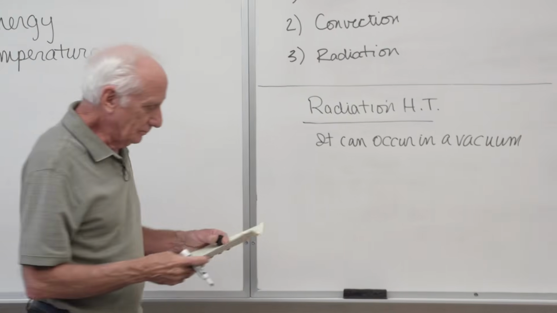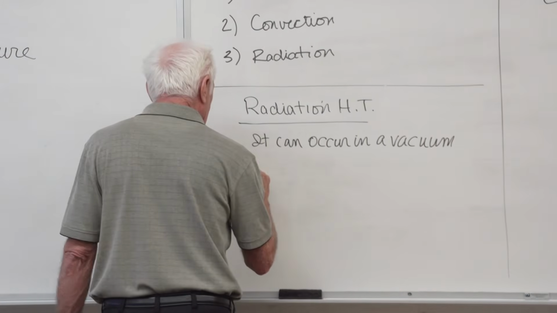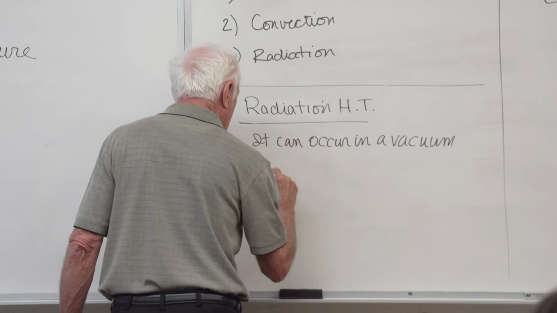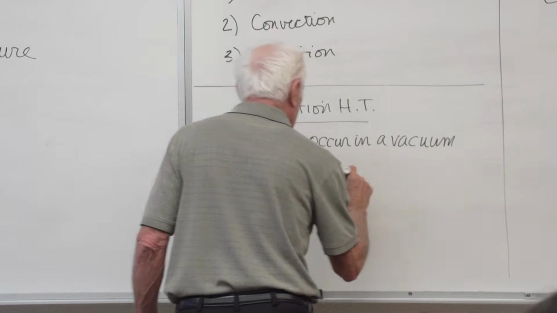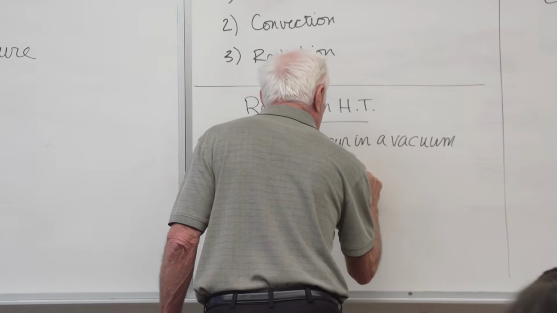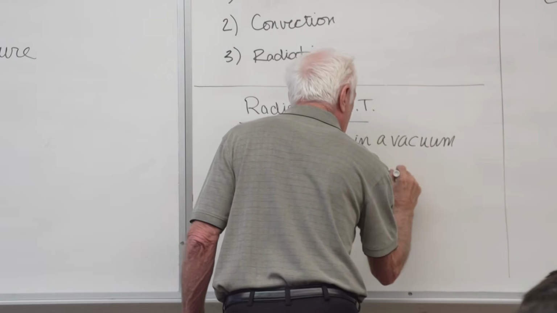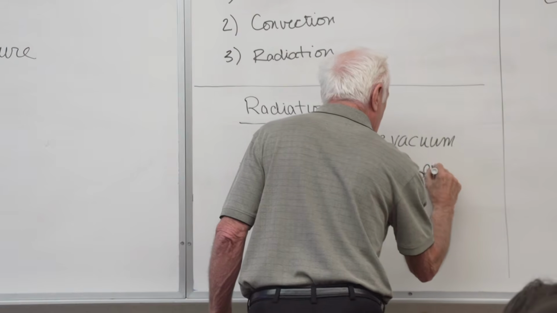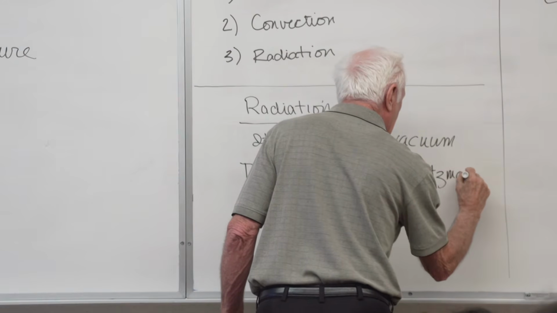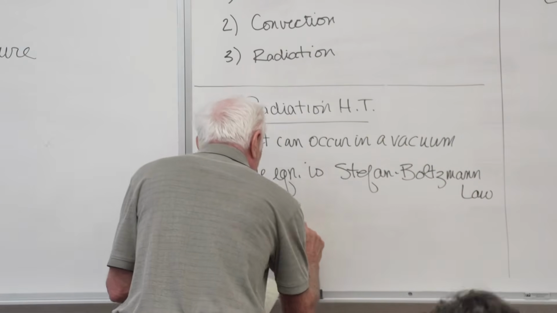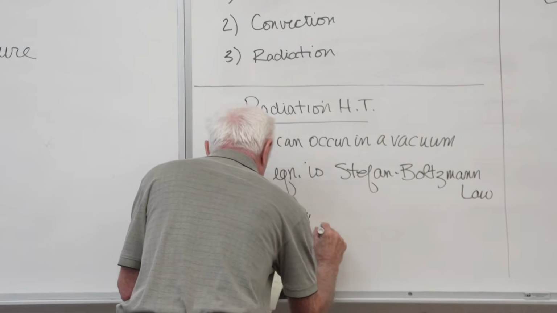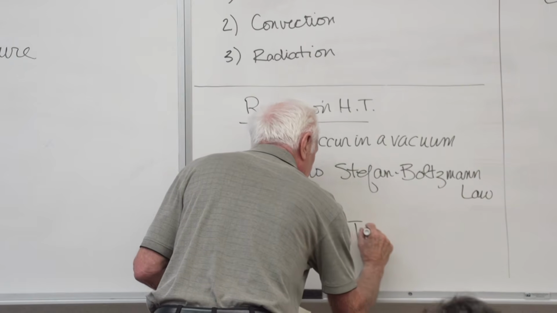The rate equation is the Stefan-Boltzmann law: q double prime equals sigma T_s to the fourth.